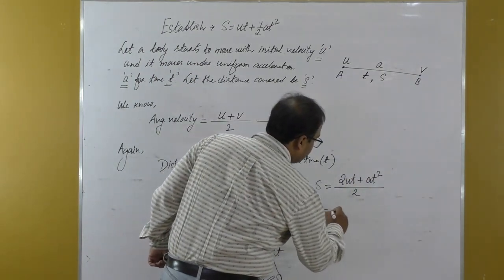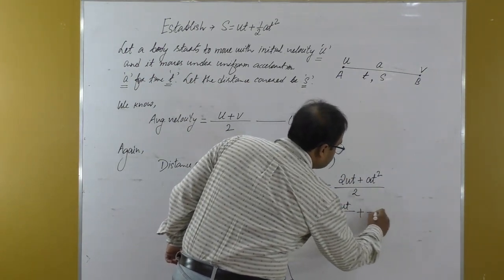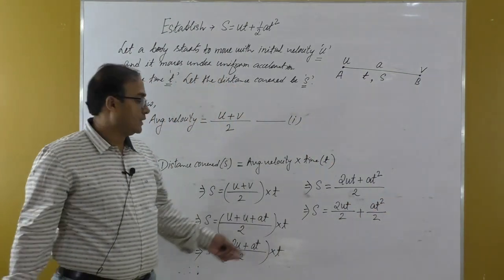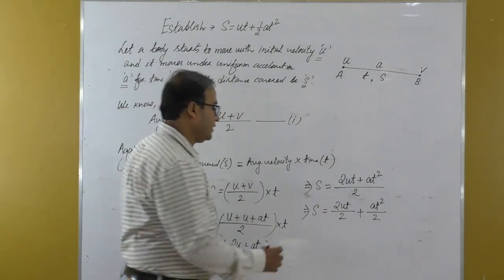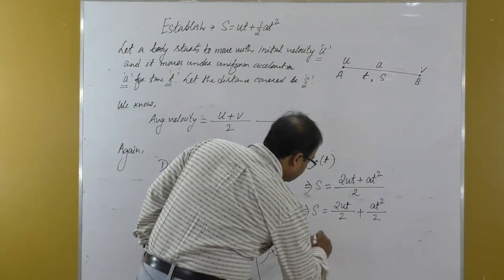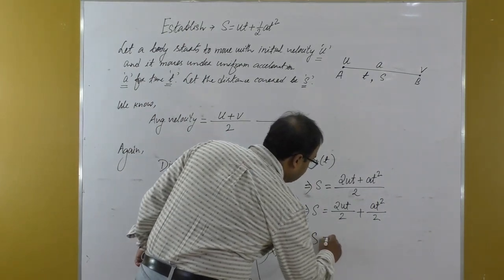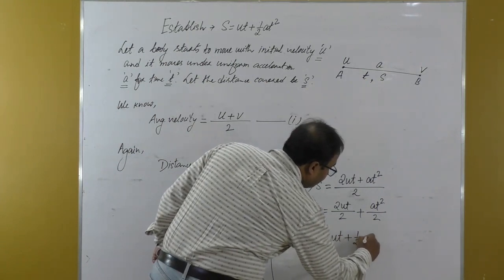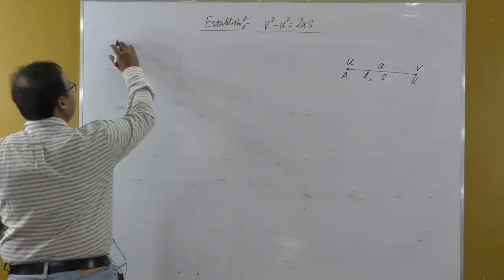So s equals 2ut by 2 plus at square by 2. Therefore we can write the final equation is s equals ut plus half at square. So you can note down the starting statement here.